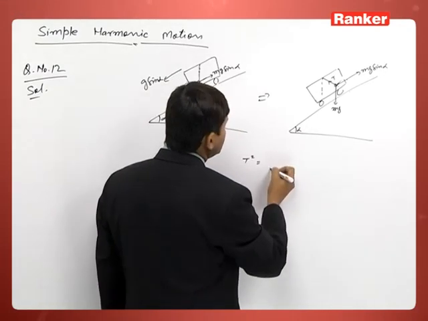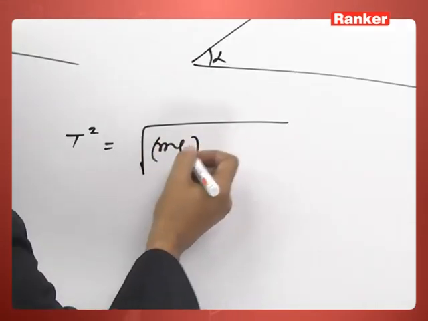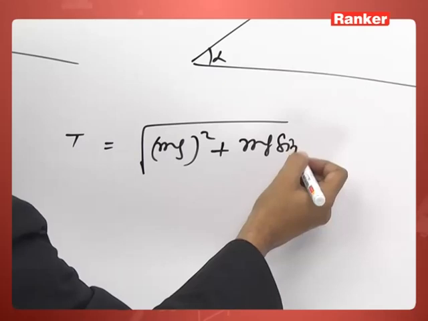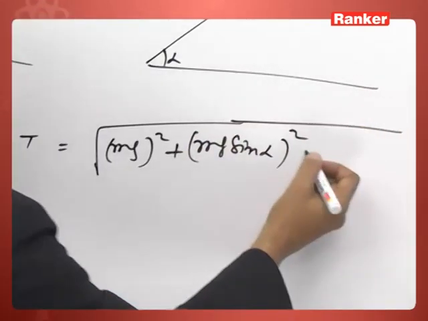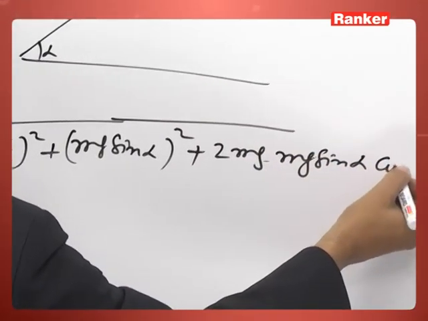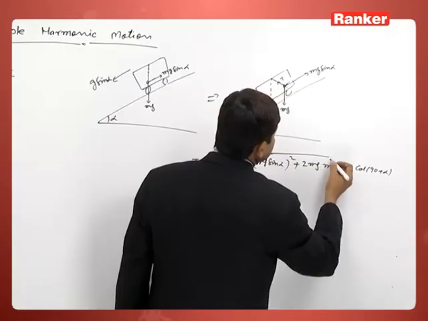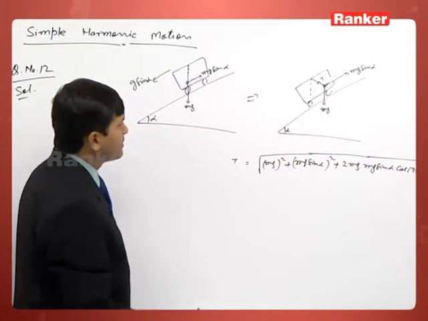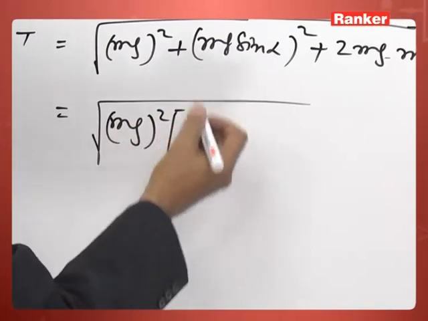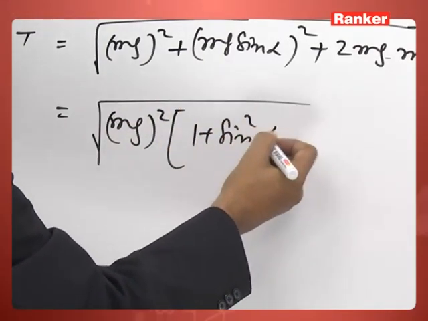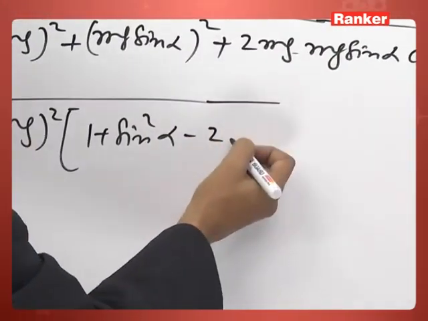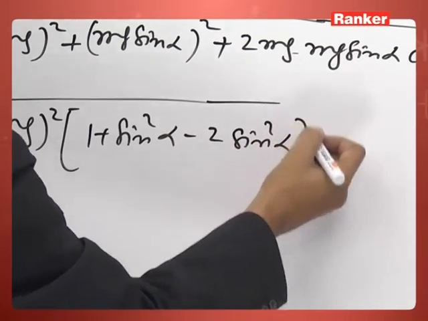The resultant of these two is mg whole square plus mg sin alpha whole square plus 2 mg into mg sin alpha and cos of 90 plus alpha, and simplify. mg whole square we can take common, 1 plus sin square alpha, and this will be minus 2 sin square alpha.